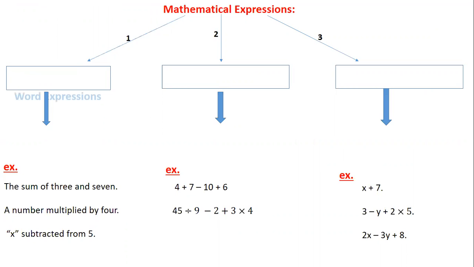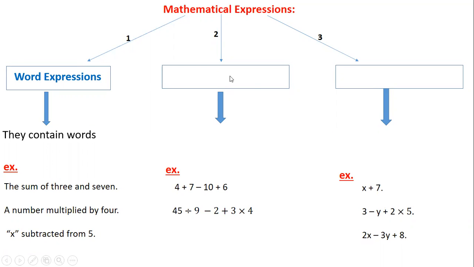The first kind is the word expressions. Please look down here. Word expressions contain words. For example, the sum of 3 and 7, or a number multiplied by 4. So these expressions have words in them.